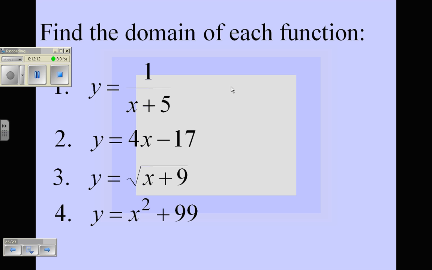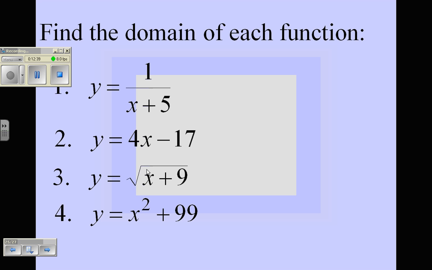So for the first one, this is a fraction, so we want to look at the bottom. x cannot be negative 5 because negative 5 produces a 0 on the bottom. Okay, the second one, this is a straight line. Slope of 4, x-intercept of negative 17. If you're graphing a straight line, there's no problems. It's all real numbers. For this one, it's a square root. Remember rule number 2.